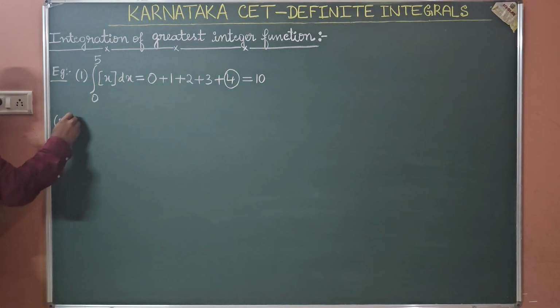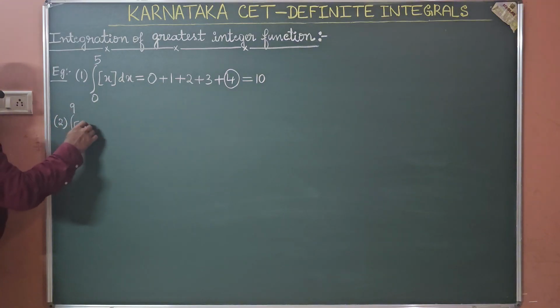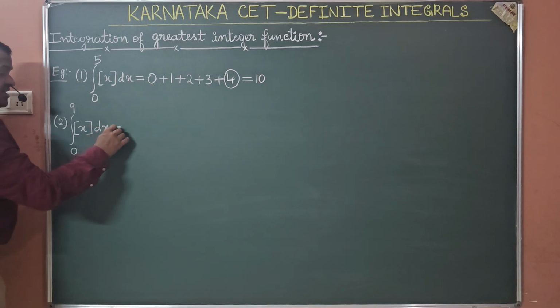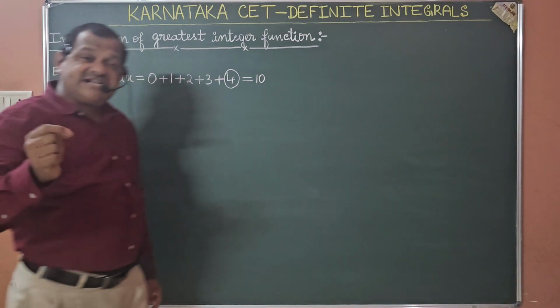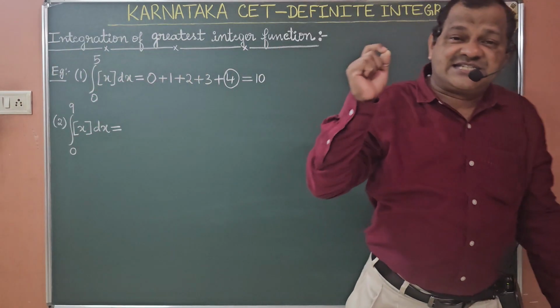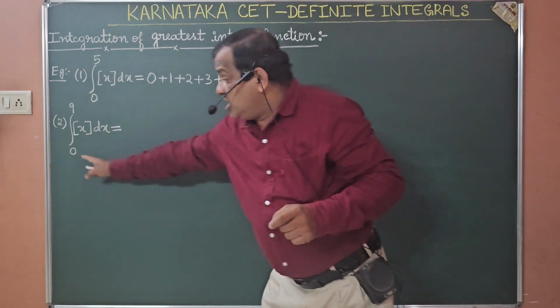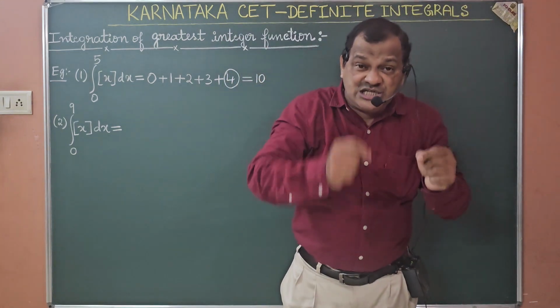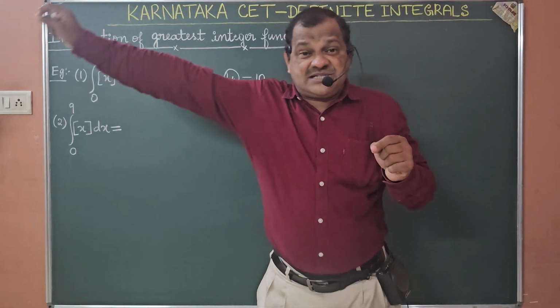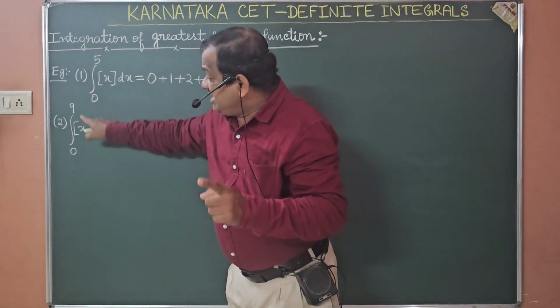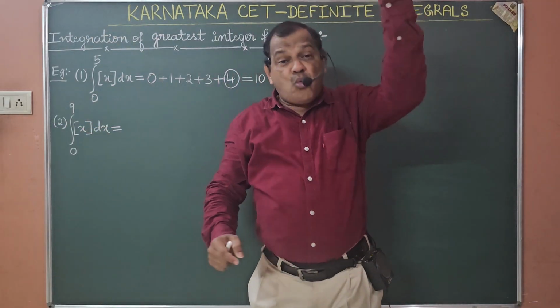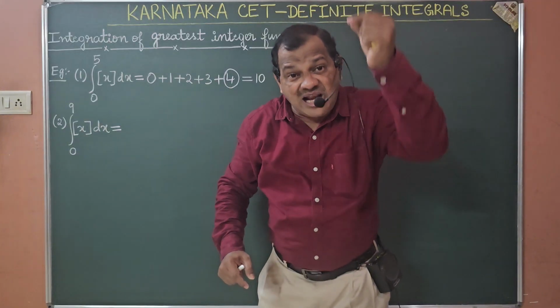Look at this. Integration from 0 to, say, I would take 9, greatest integer function less than or equal to x dx. So the short trick I said: add all the integers starting from 0 continuously till the integer which is 1 less than upper limit.